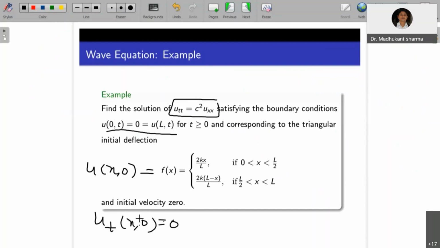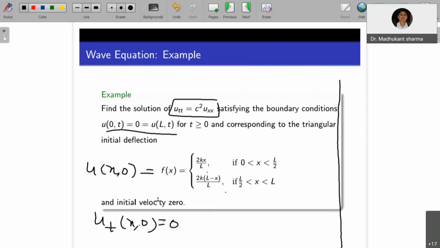So you have every piece of information. You just have to use the Fourier series solution, if you recall. This is the initial deflection, given by this.